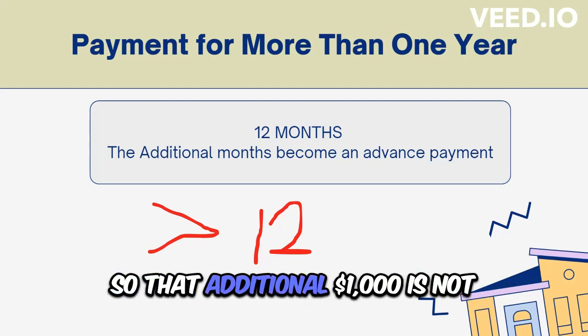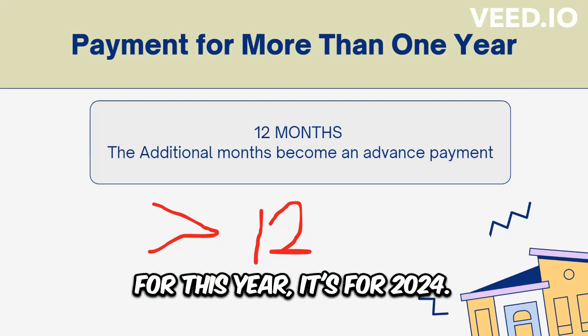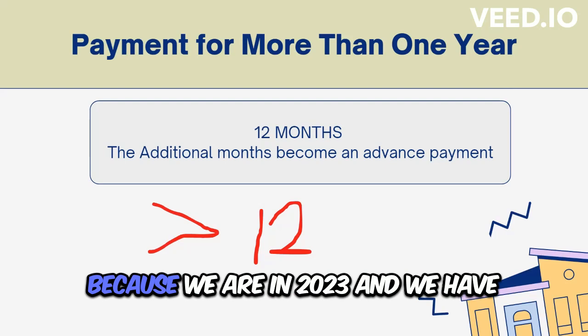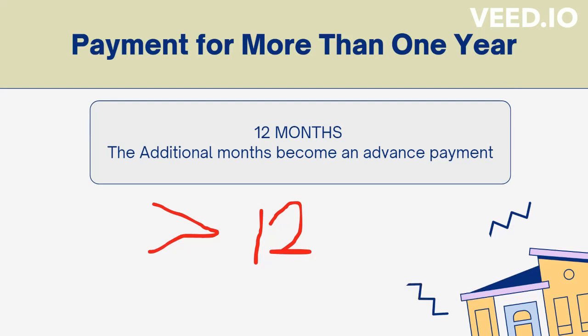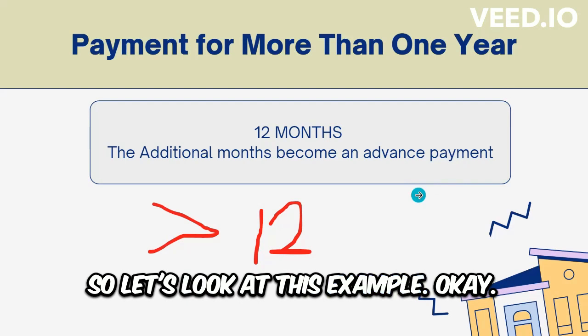So that additional $1,000 is not for this year, it's for 2024, because we are in 2023, and we have to only consider the expenses for 2023. So let's look at this example.